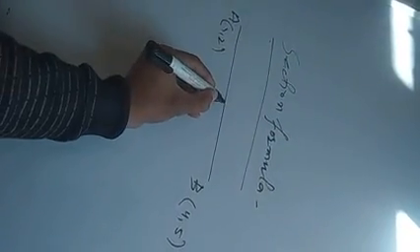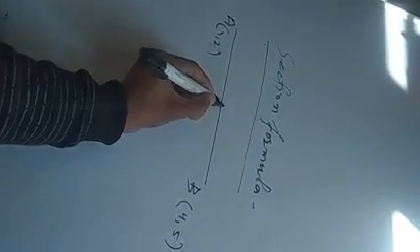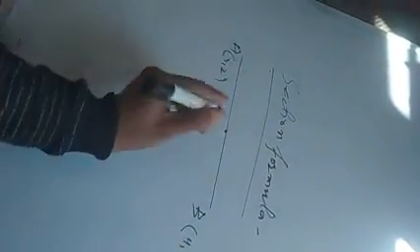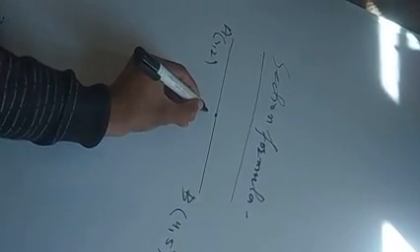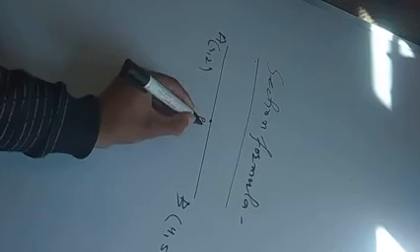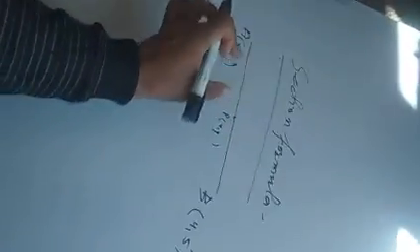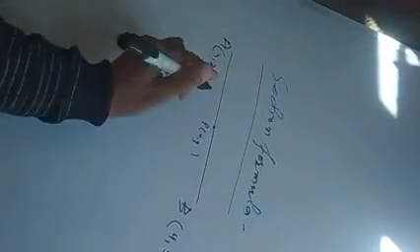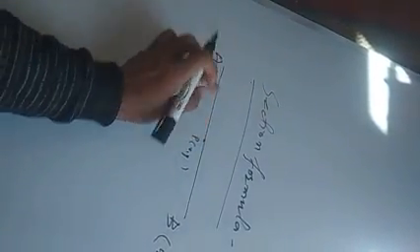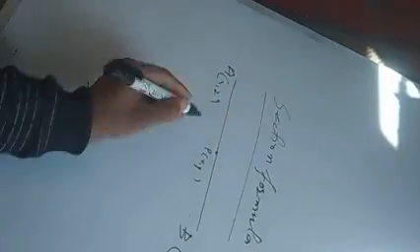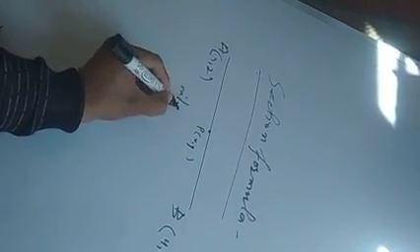Now if there is a point P in between A and B, say P is a point with coordinates x, y, and it is in between these A and B. So P divides AB in the ratio AP by PB, because P lies between A and B. So it is termed as internal division.